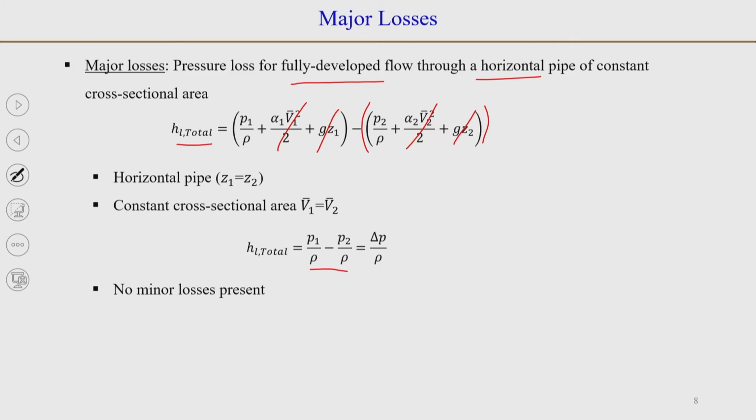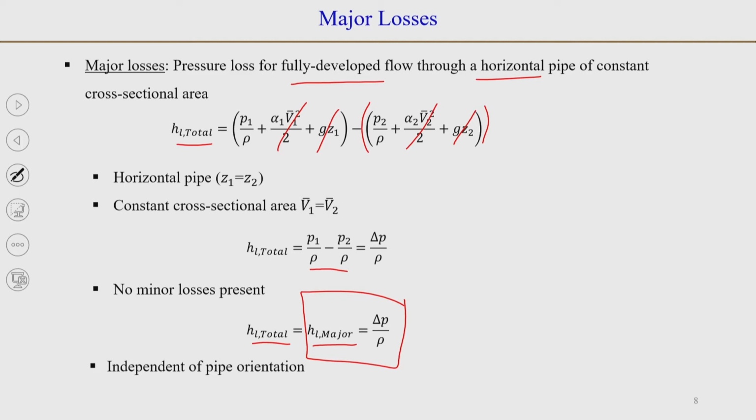We are not looking at any valves, fittings, reducers or expanders, because the cross sectional area is constant. So, there are no minor losses present. Basically, our total head loss in such a case is equal to the major loss, delta P by rho, which is the pressure drop per unit density.